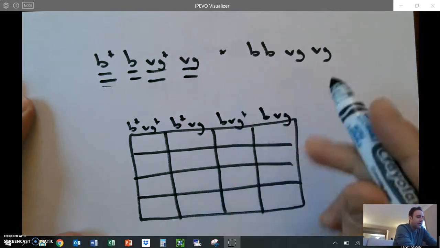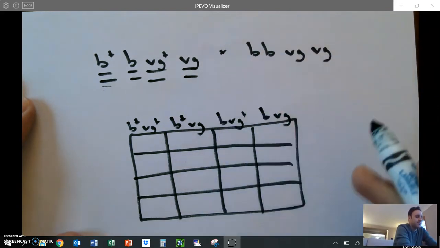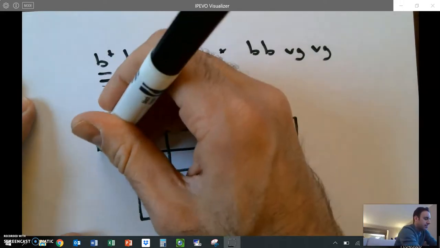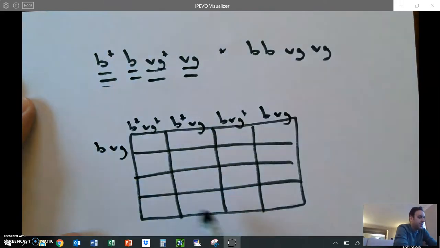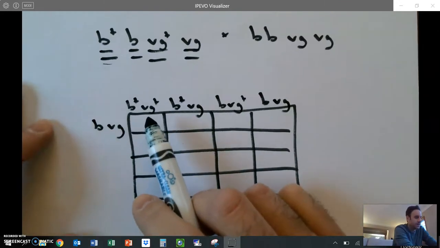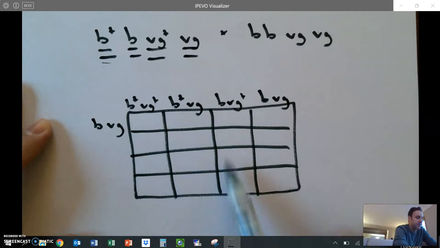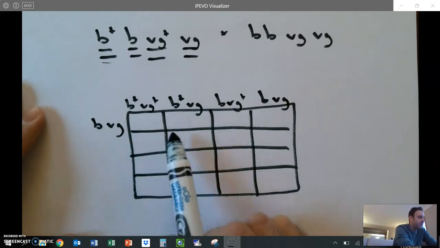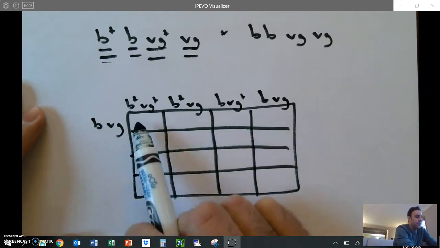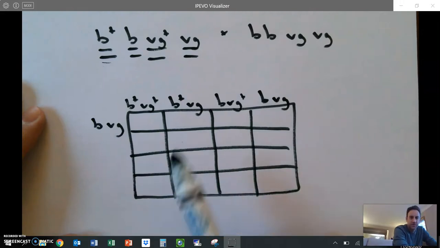And then over here, basically the only gamete this organism could produce would be a B, VG, and I could write it 4 more times, but I think you'll see that if I do that, it's just going to end up being the same thing 4 times. So basically we have a 1 to 1 to 1 to 1 ratio, or a 4 to 4 to 4 to 4 ratio. So we're just going to stop.